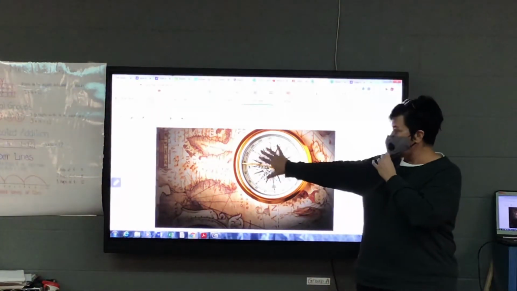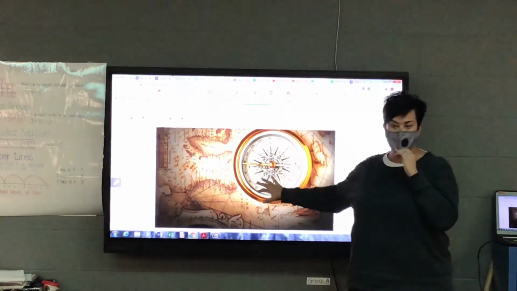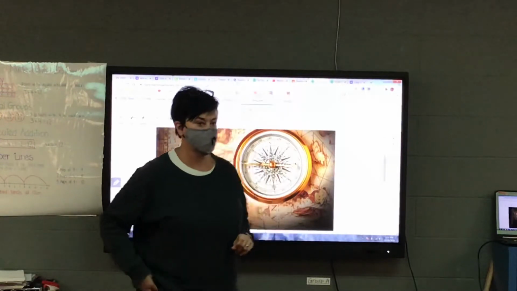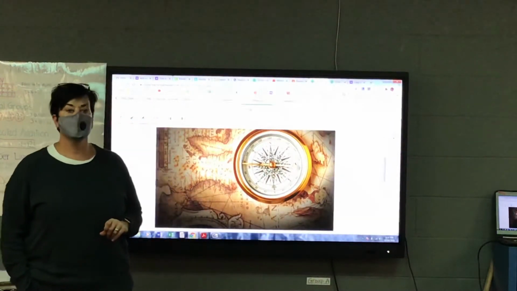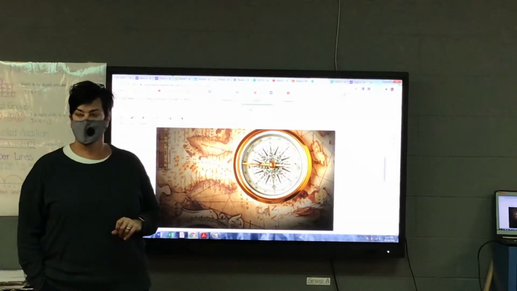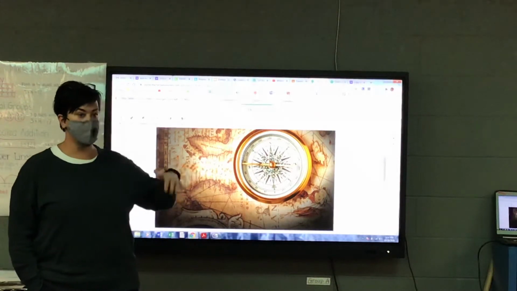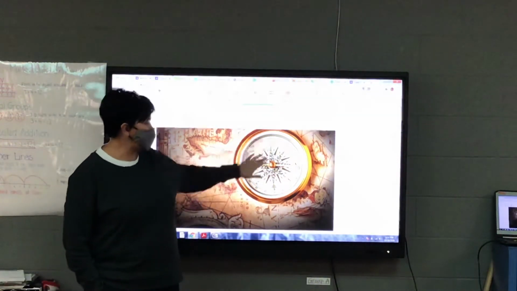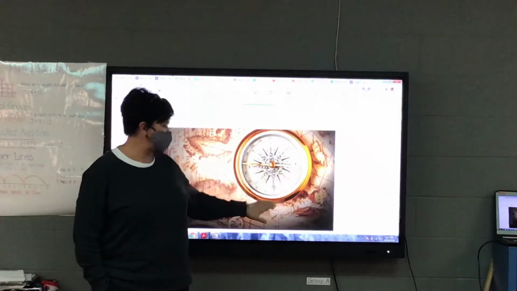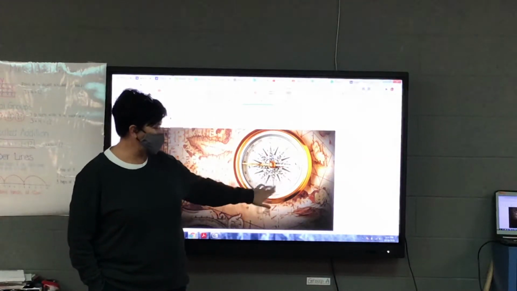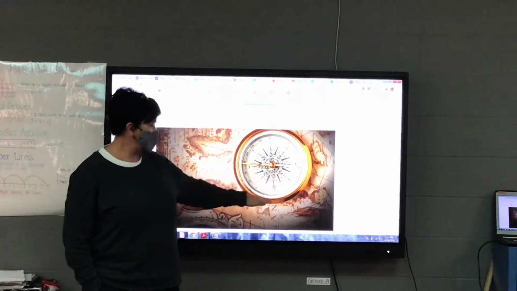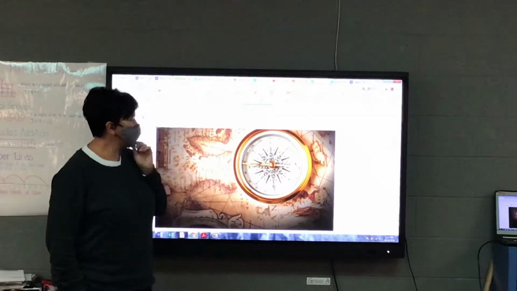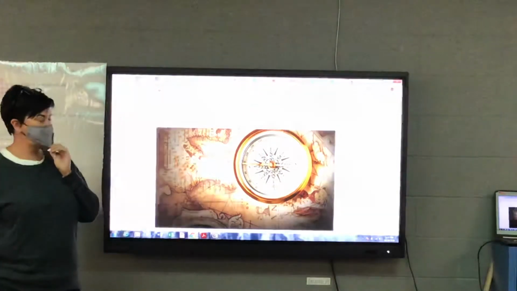What do you notice about this compass rose? Connor? That it has the directions south, east, west. Do you see what Connor's talking about? So he's seeing south and east and west, and then this one is north, even though it's not labeled. That's the top of the compass, so it's north. What else do you notice about that compass?